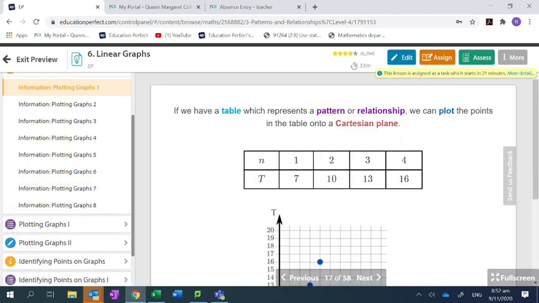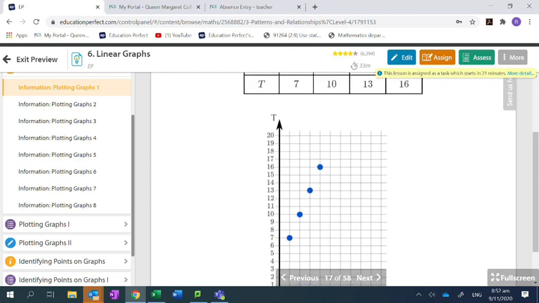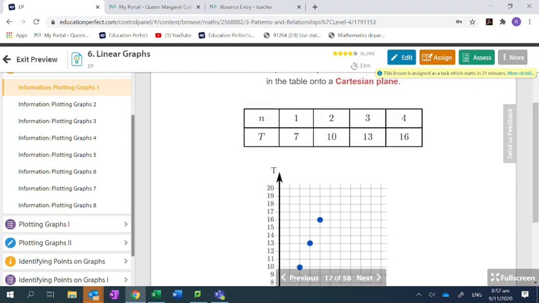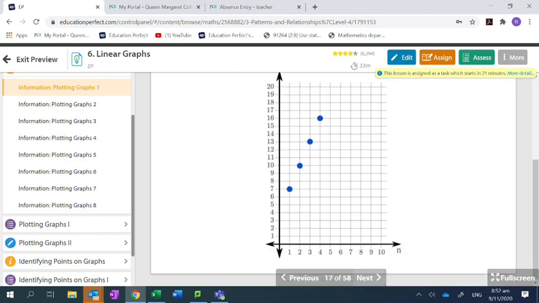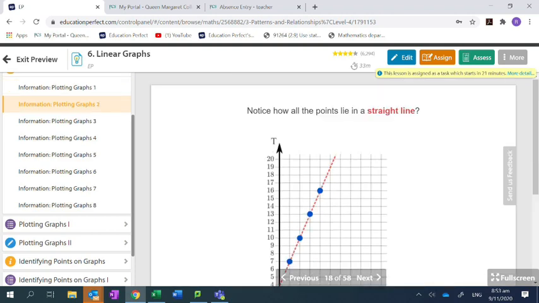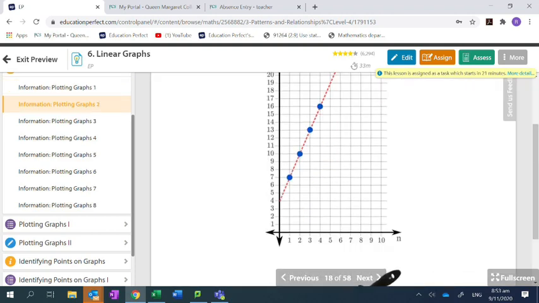Anytime you have a table which represents a pattern or relationship, you can plot it on the Cartesian plane. So here, same one we plotted a while ago. They always lie in a straight line. That's what a linear relationship does, it makes sure they always line up in a straight line.